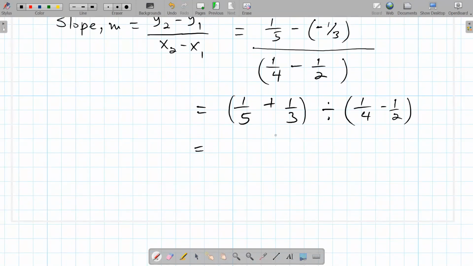With a fraction, I need to get the LCD. With this one here, the denominators are 5 and 3, so that tells me that the LCD is going to be 15. I need to get 15 for 5 and 3. Over here, the denominators will be 2 and 4, and so 4 is going to be the LCD.